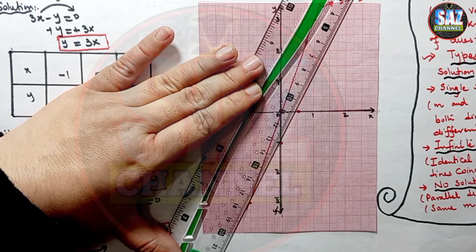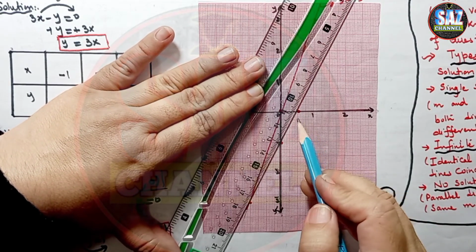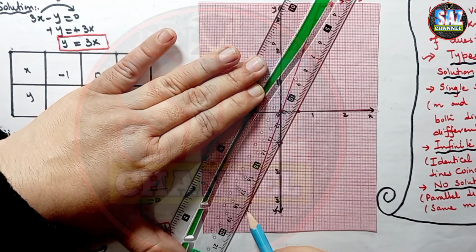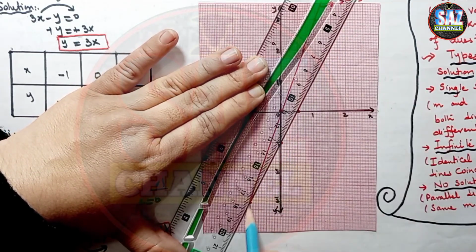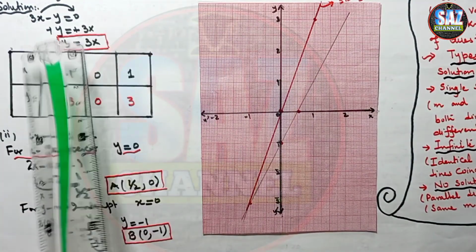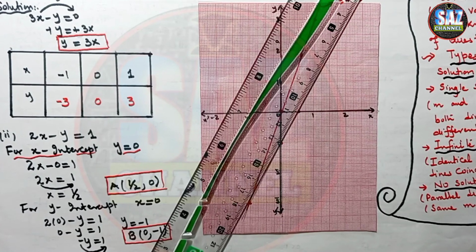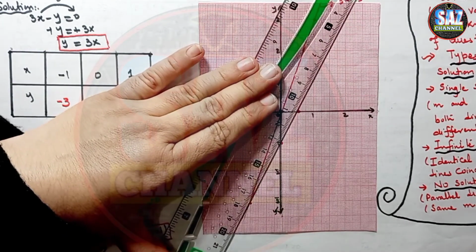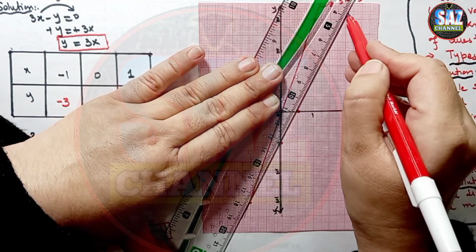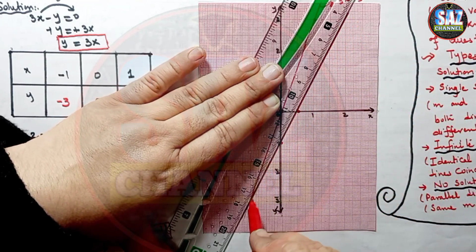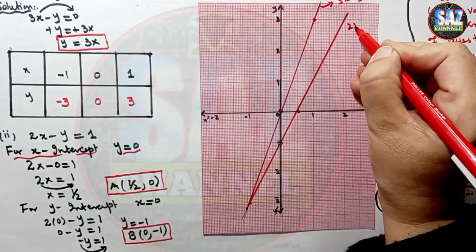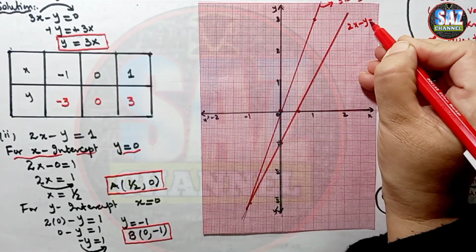I have to pass the line carefully, through these 2 points. So this is the line for the second equation, which is 2x minus y equals 1. Be careful, and draw very neat lines. You have to use a pointed pencil. And now I have to label the line as well, that this is 2x minus y equals 1.